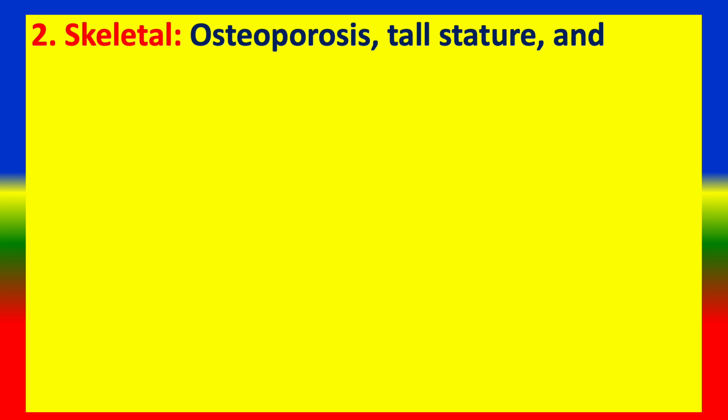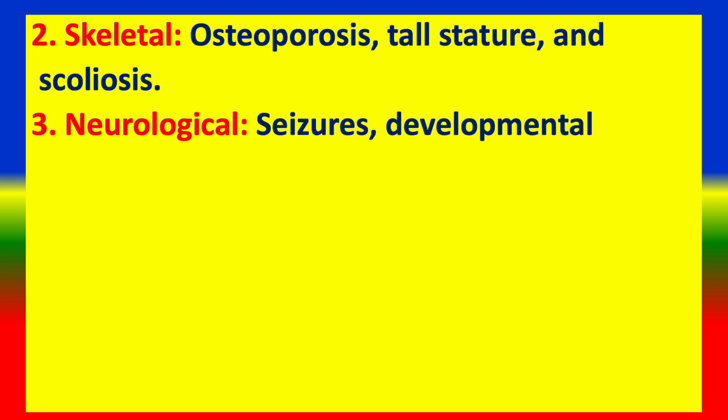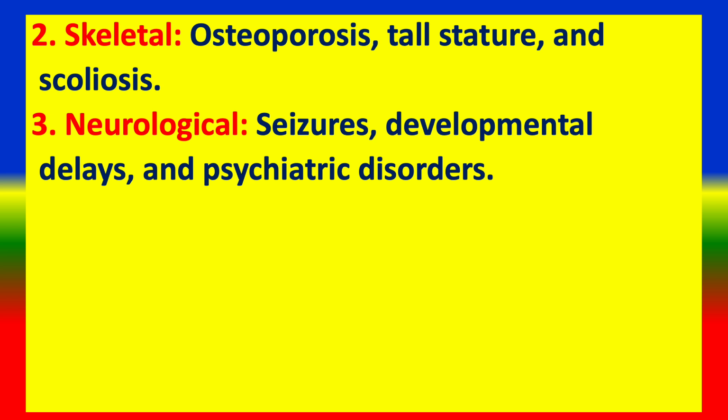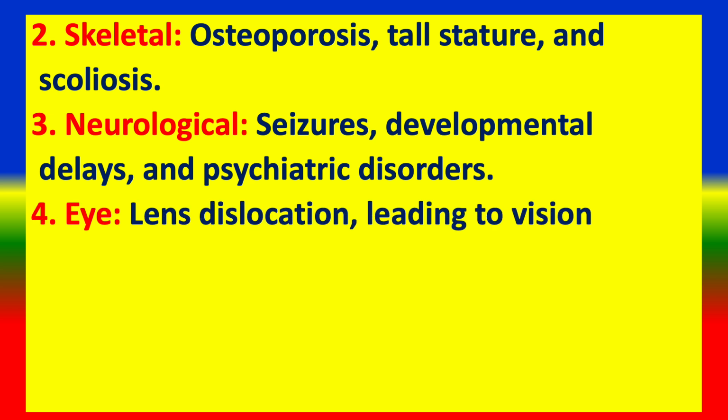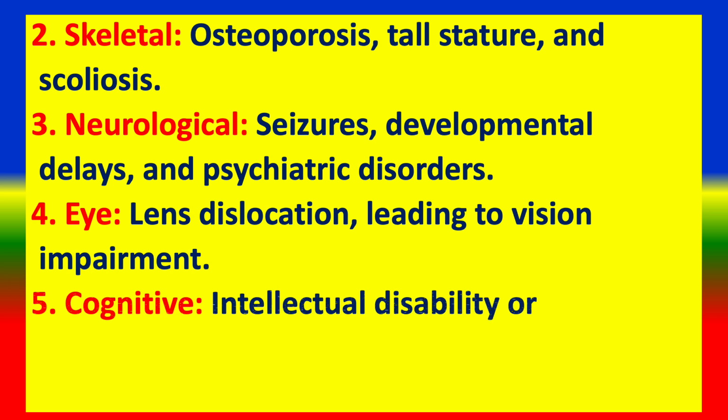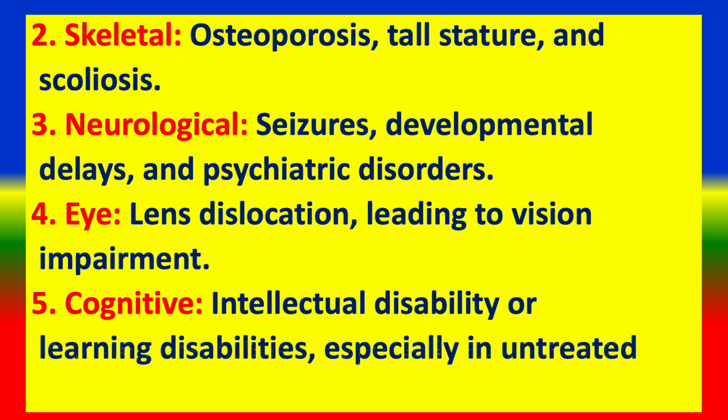Skeletal: osteoporosis, tall stature and scoliosis. 3. Neurological: seizures, developmental delay and psychiatric disorders. 4. Eye: lens dislocation leading to vision impairment. 5. Cognitive: intellectual disability or learning disabilities, especially in untreated individuals.